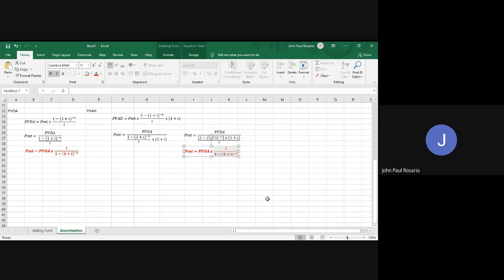Then put this in a bracket and just add 1 plus i, and there you have it. This will be our formula for amortization payment for ordinary annuity, and this one is for annuity due.